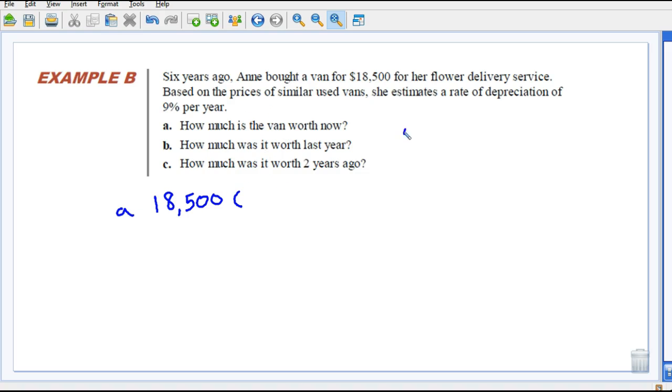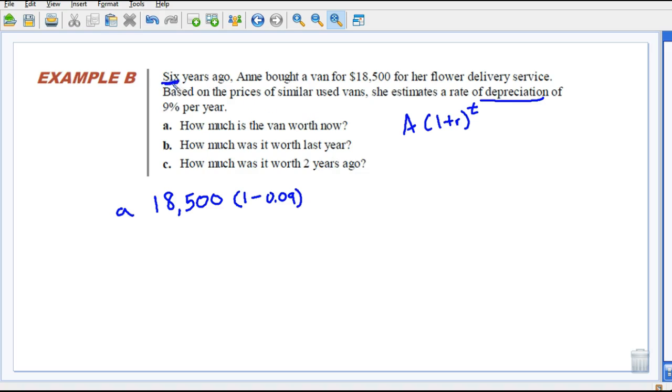Well, I know that the formula is A(1 plus r) to the t, or something like that. But now it's not going to be plus, right? Because it's depreciating. It's going down in value. Cars lose value. So it's going to be 1 minus 0.09.